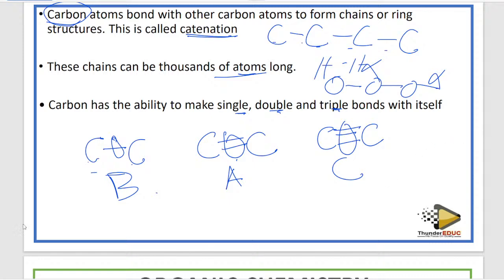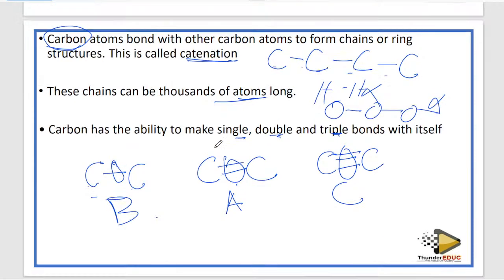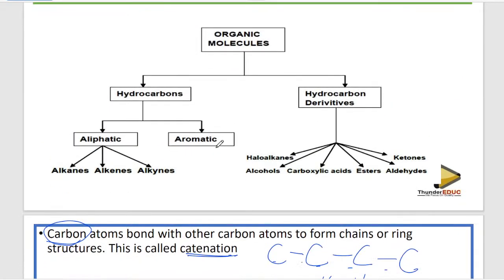All right, let's find out some of the organic molecules we're going to be looking at this time. Organic molecules are divided into two. The first one is hydrocarbons. When we talk about hydrocarbons, we're going to look at them in detail.